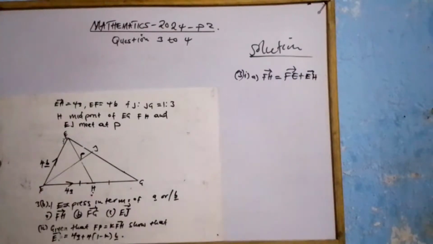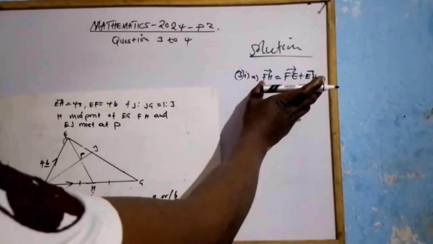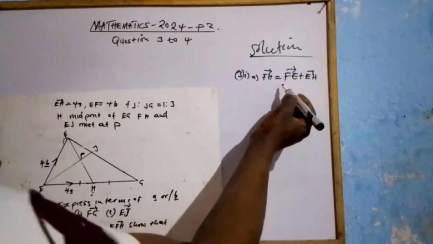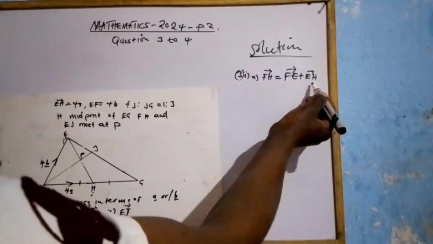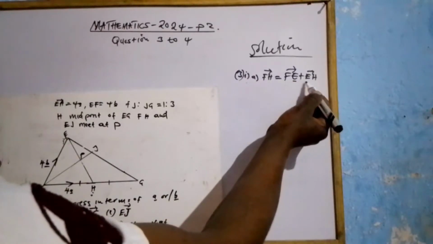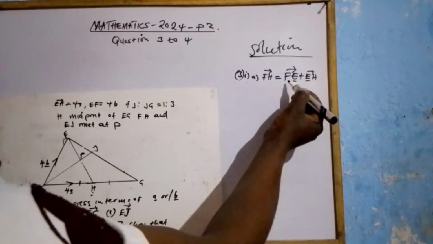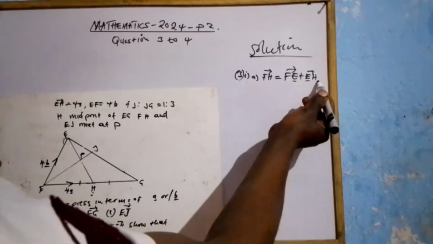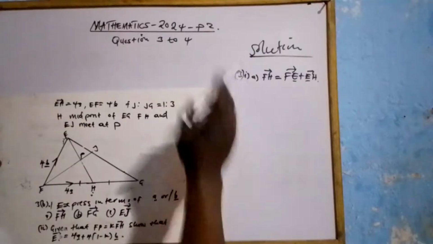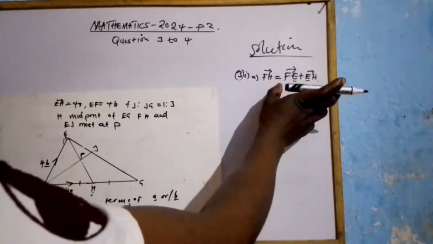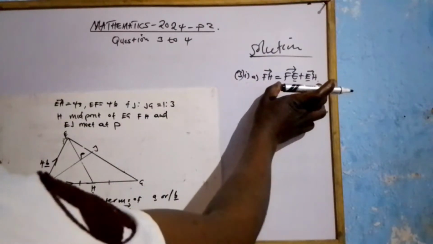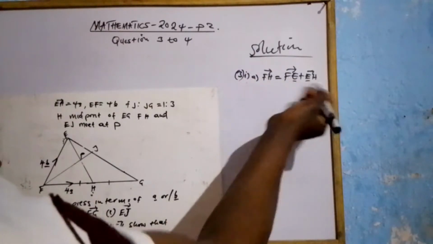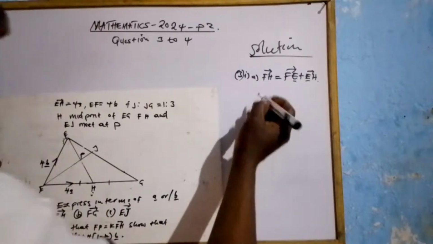These vectors should have direction, and from the point which you get, there are some letters which are the same, which give us FH. That means we have written the expression in the correct way, because we have FE and EH.